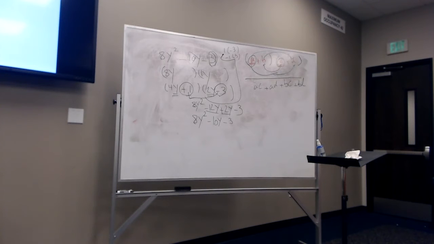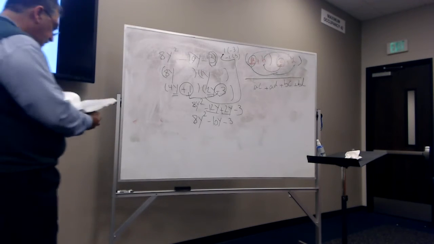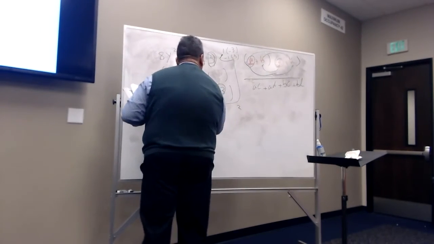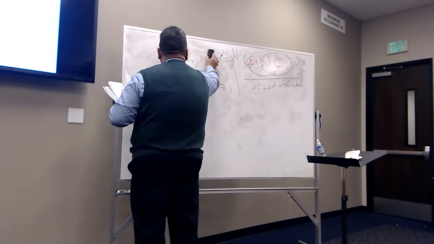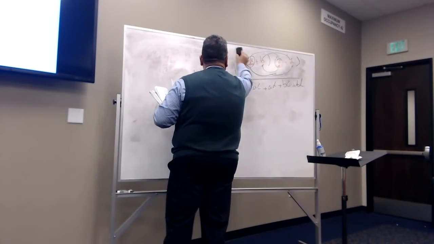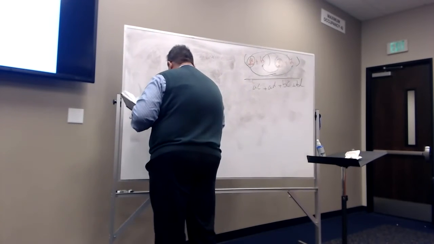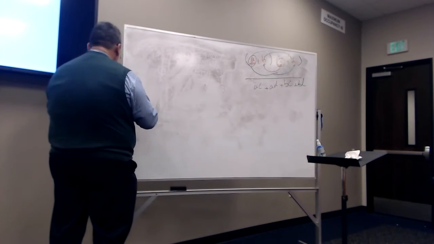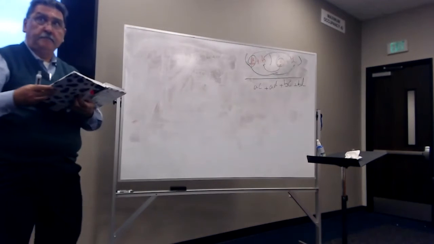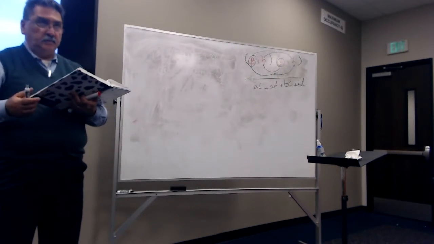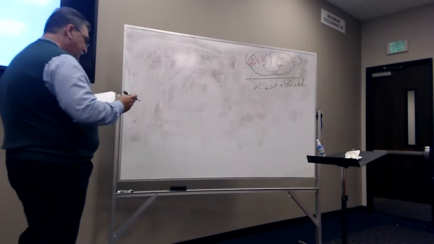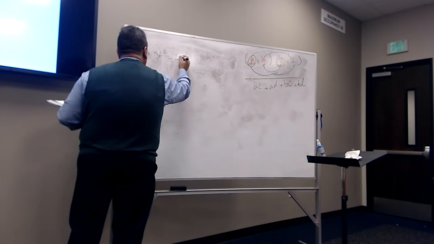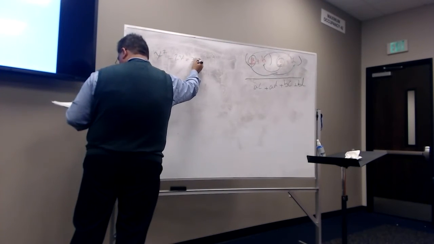Let's look at, for example, example 8. Are you guys clear or not? Okay. That formula you have to memorize. But x squared minus 2x equals 35.